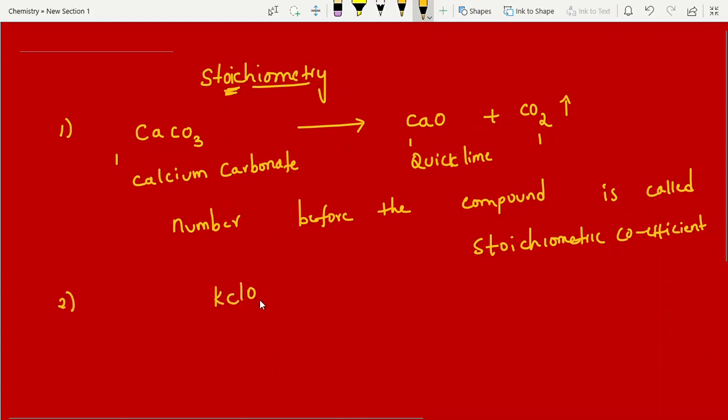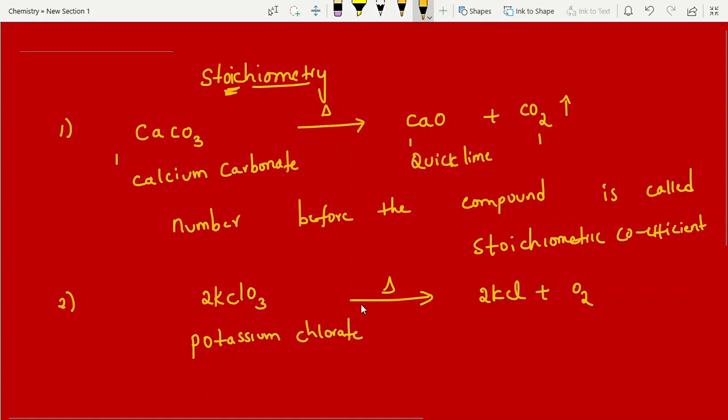Now next, one more important one. KClO3, this is potassium chlorate on decomposition. This is also thermal decomposition. We will get KCl plus O2. You have to balance this reaction. So here you can take it as 2. This is also 2. See, 2 potassium, 2 chlorine, 2 threes are 6 oxygens.